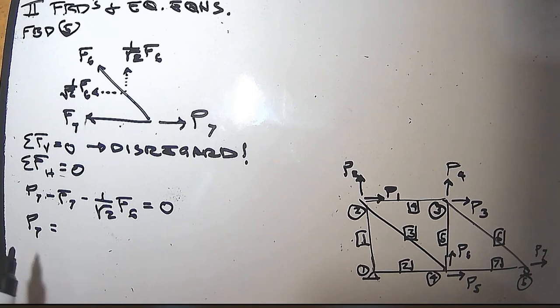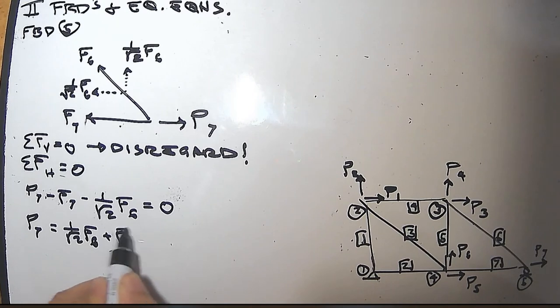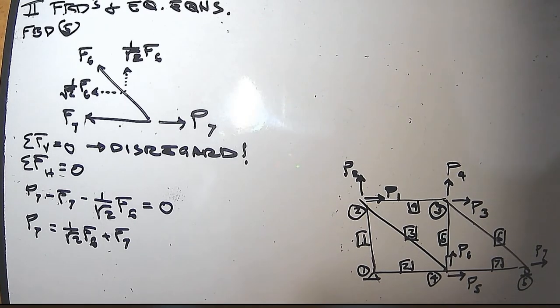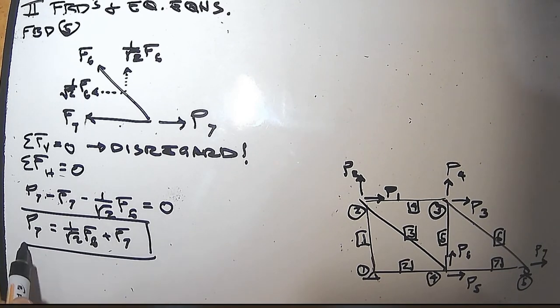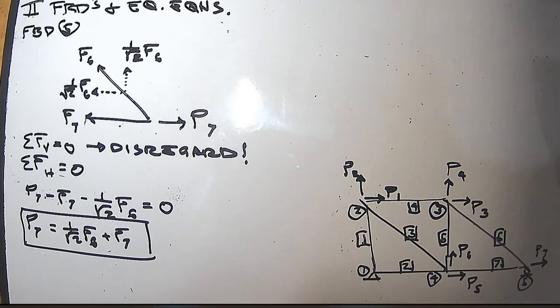P7 is equal to 1 all over square root of 2 F6 plus F7. Okay, again, remember na dito sa forces, ang unahin mo yung lowest subscript niya, no? F6 and then F7. So, ito ang ating kailangan na equation.